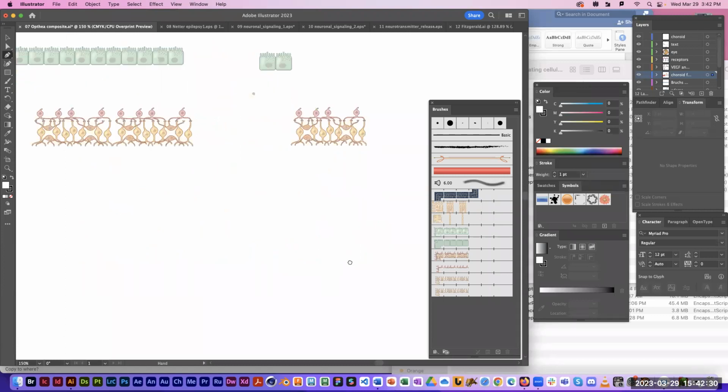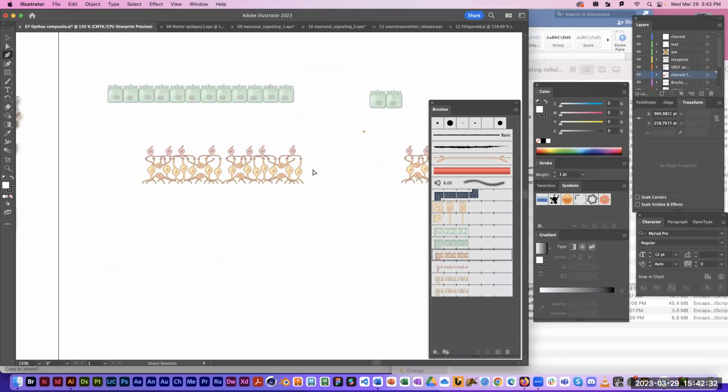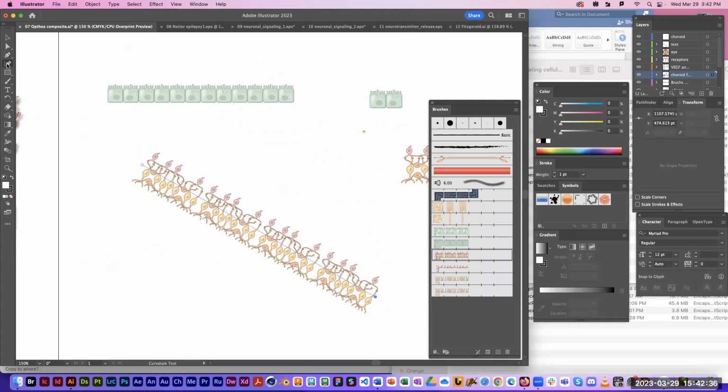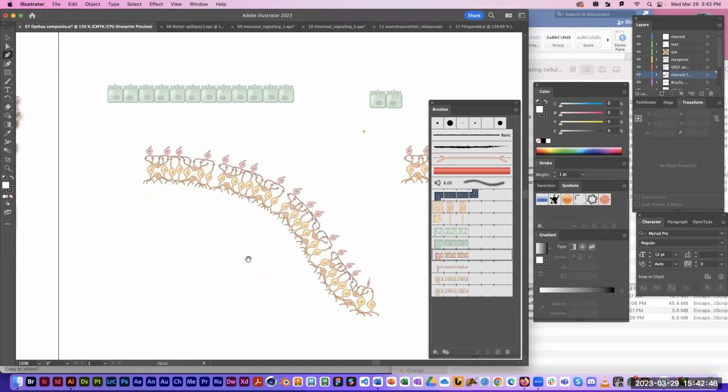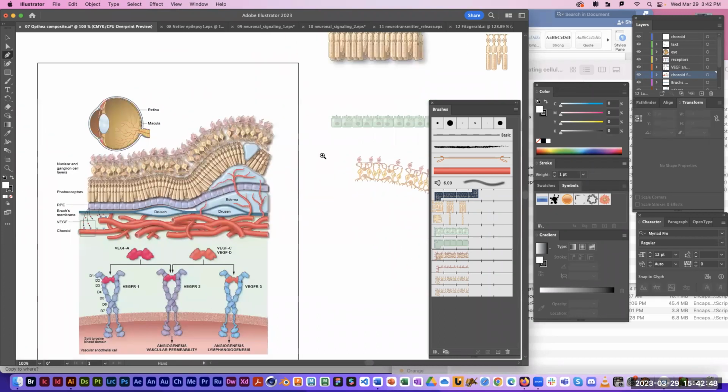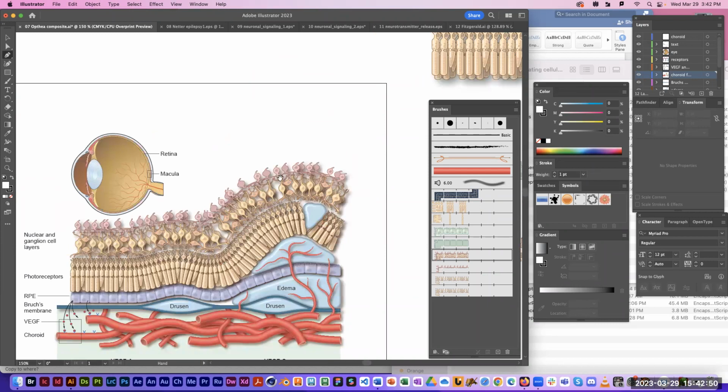Once you've drawn it once, then you can get it to repeat almost forever. And if you modify the path, it just flows with the path. And so that's how I was able to create these distorted layers of the retina.